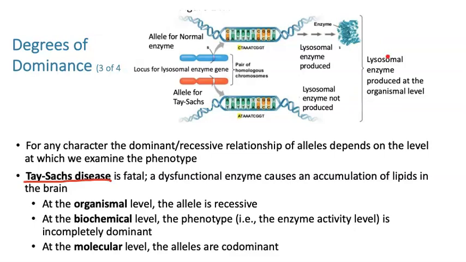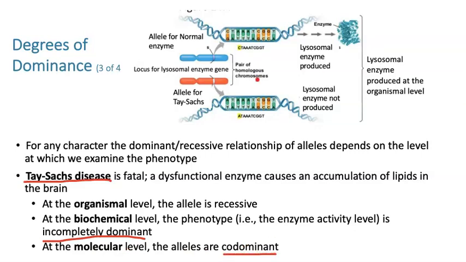You're only making half the amount of enzyme, but that's okay because enzymes don't get used up when they're made. They just keep doing their job. So at the biochemical level, we would say that you're incompletely dominant just because you only make half the amount of the enzyme. At the molecular level, we would say that those alleles are co-dominant.